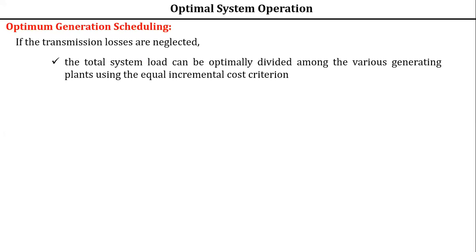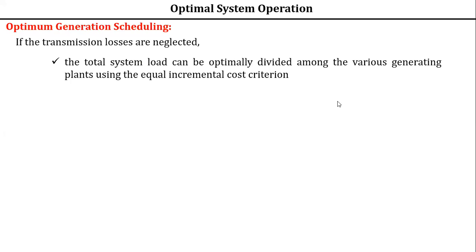Understood? Suppose the losses are neglected and two plants are there, then the load is distributed using the equal incremental cost criteria. So this is the criteria by neglecting the transmission losses.